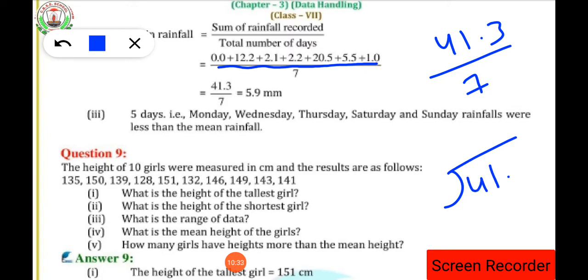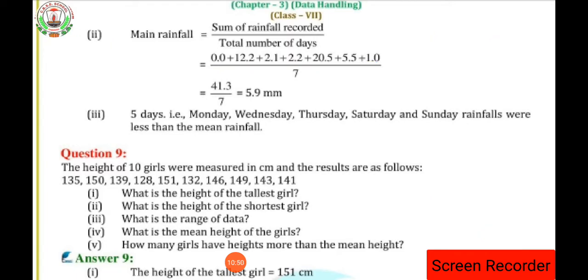So adding all the numbers, we get 41.3 divided by 7. It can be easily divided, isn't it? Divide and look, you will get the required answer. Here it will be 35, subtract it, then the decimal will be shifted in the quotient and you will get the answer.